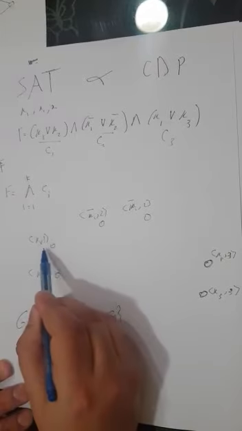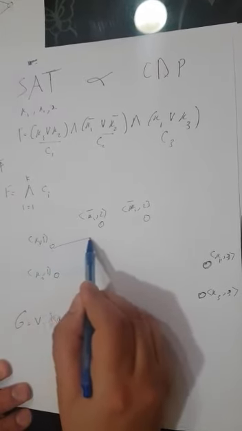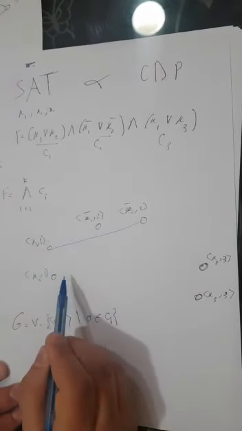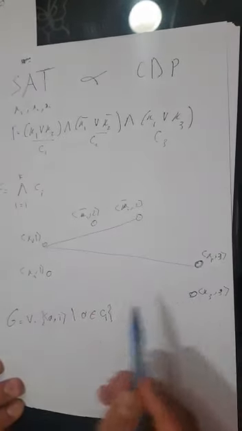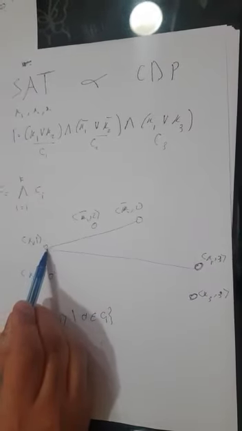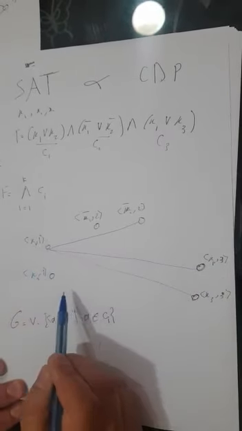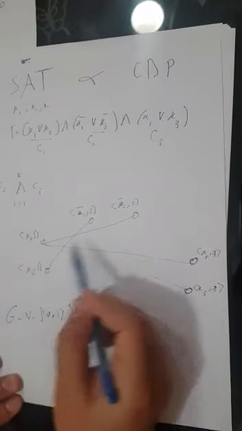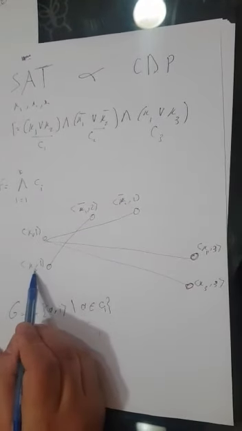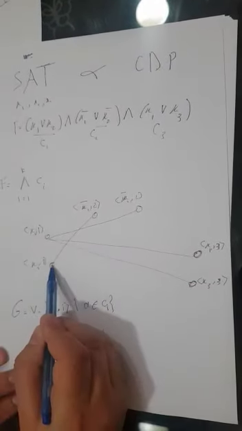We can connect x1 with x2', and we can connect x1 with the other x1, and we will connect x1 with x3. And x2 with x1', yes, it's allowed. x2 with x2', we cannot. x2 with x1, yes, we can.